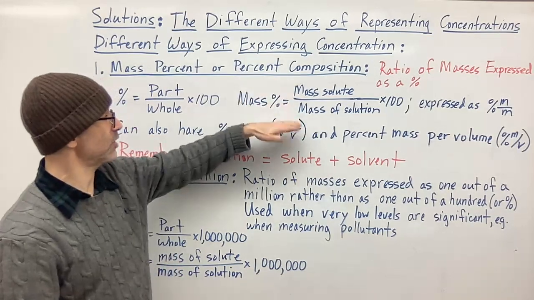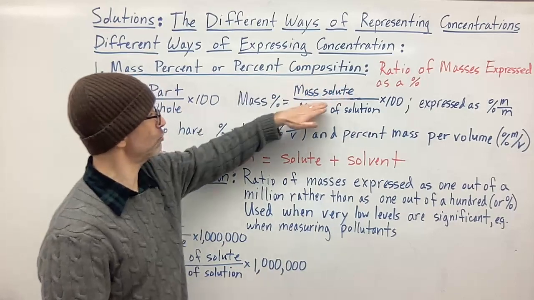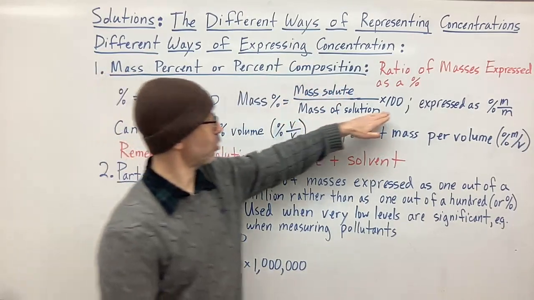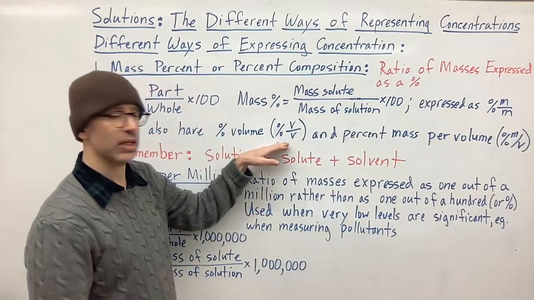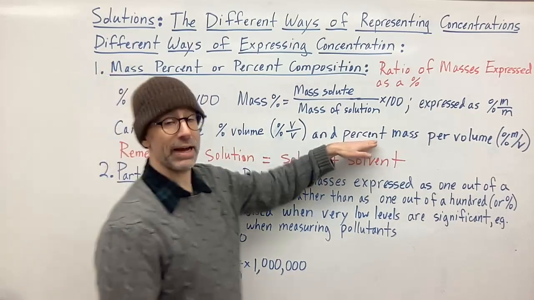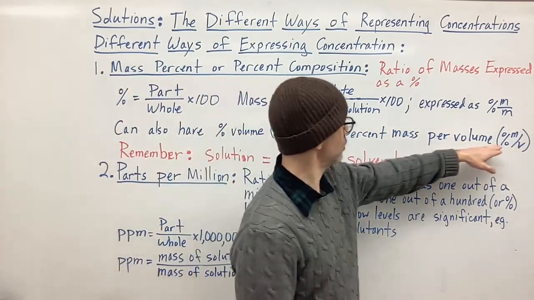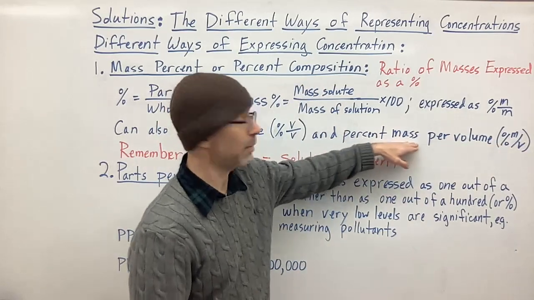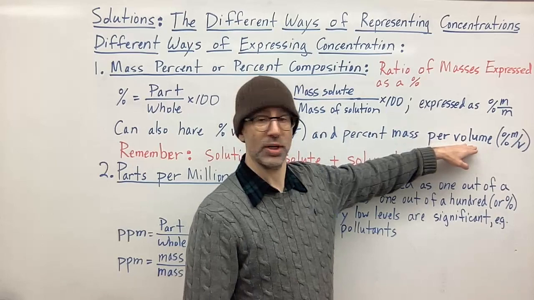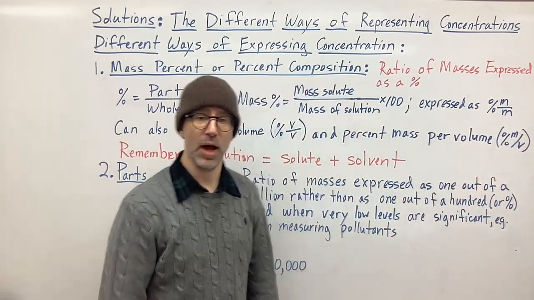The idea here is that to get the percentage, you're taking the volume of the solute divided by the volume of the solution multiplied by 100. And again, that's usually expressed as percent V over V, or you can have a mixture. You can have a percent mass per volume, where the solute is in mass units and your solution is in volume units. And there you can have a percent mass over volume as well.